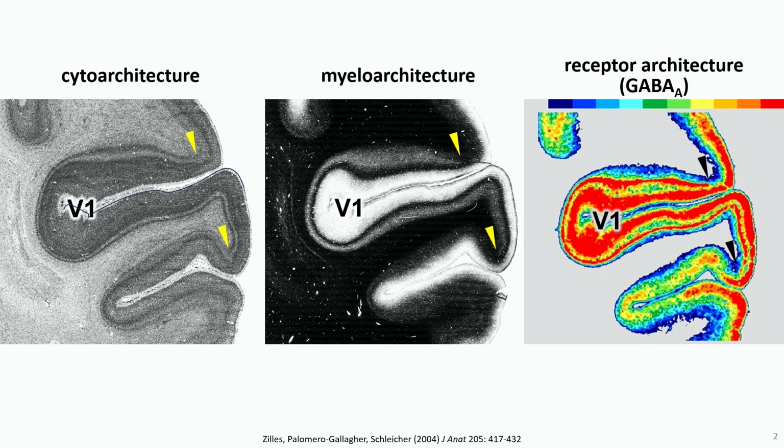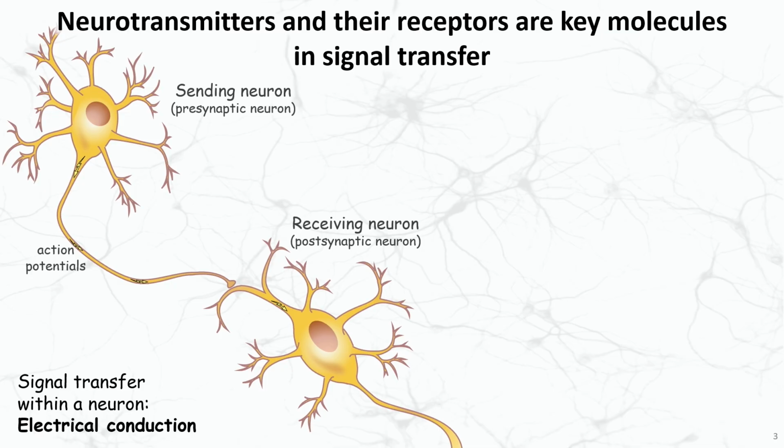Cytoarchitectonic borders correlate with receptor architectonic borders, so it gives us an additional modality with which we can analyze segregation in the brain, structural segregation. But it's not just structural segregation. Receptors also provide information concerning the functional organization of the brain and connectivity.